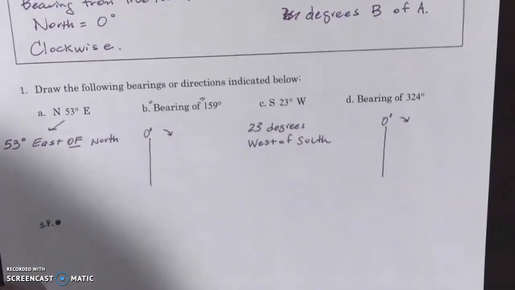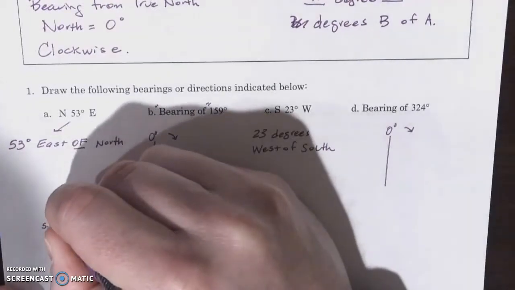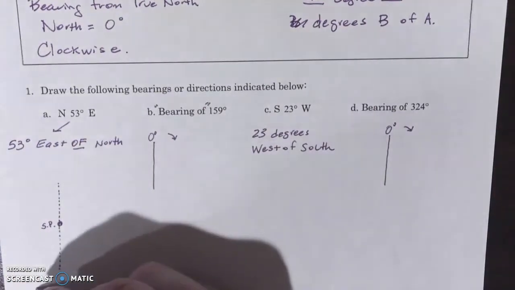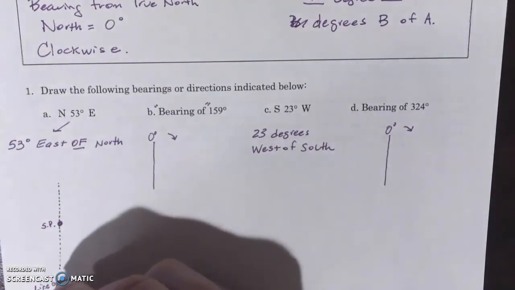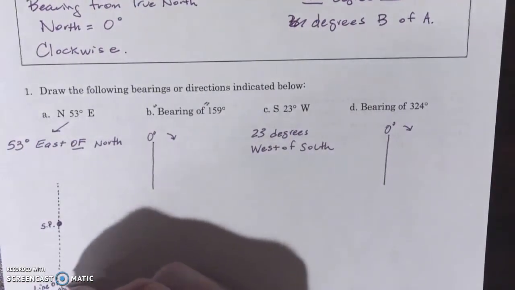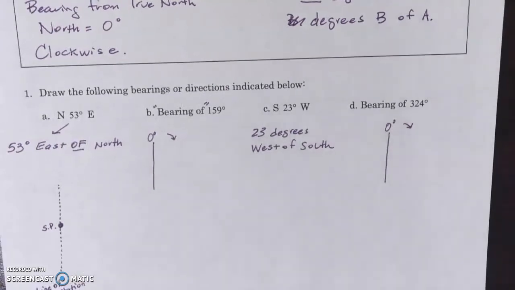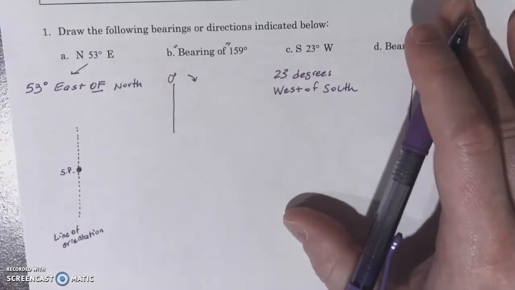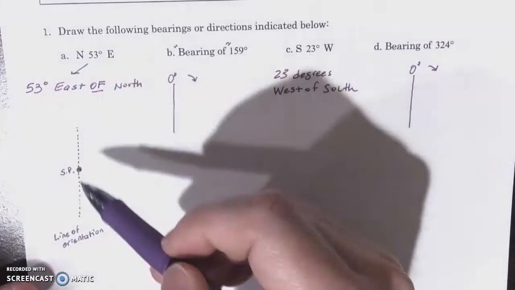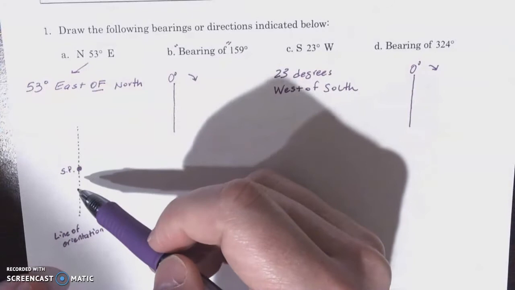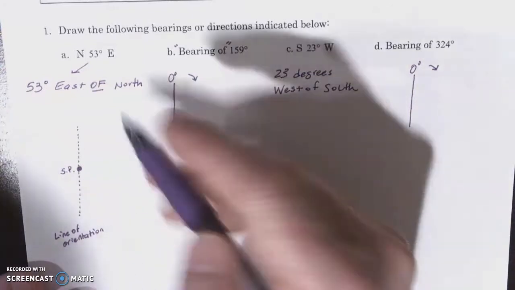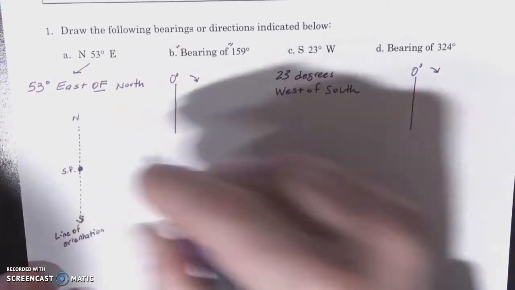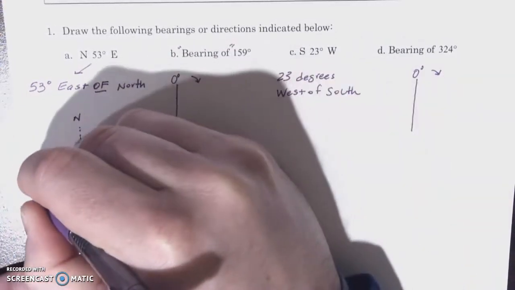We're always going to draw a north-south line orientation. This is going to give us our north and our south. Here's north, here's south, here's east, here's west.